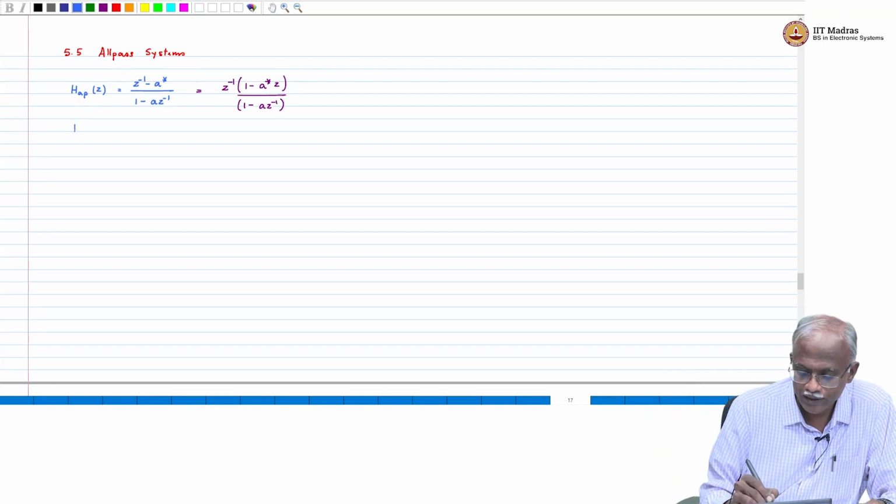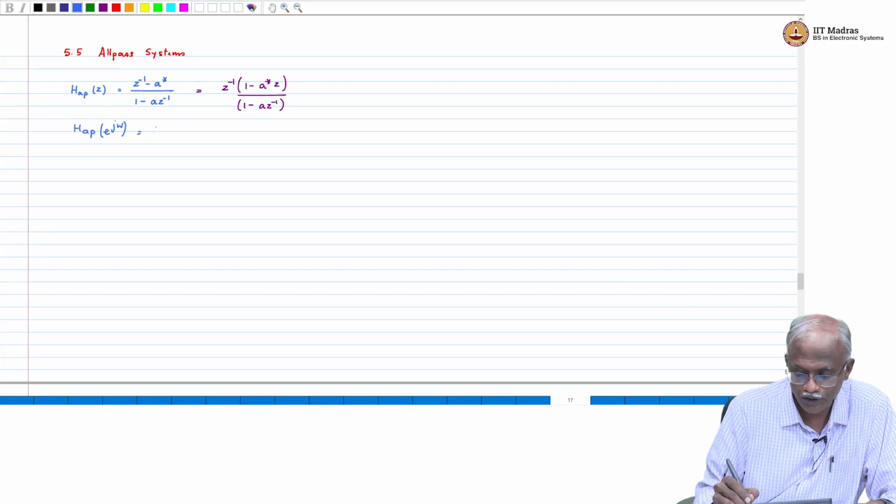So evaluate the z transform on the unit circle, it becomes H_AP(e^{jω}). Wherever there is z, you substitute e^{jω}. So this becomes e^{-jω} times (1 minus a conjugate e^{jω}) divided by (1 minus a e^{-jω}).